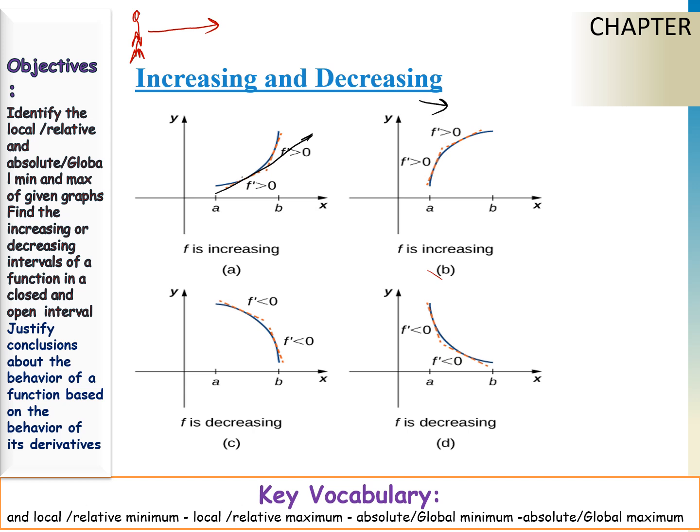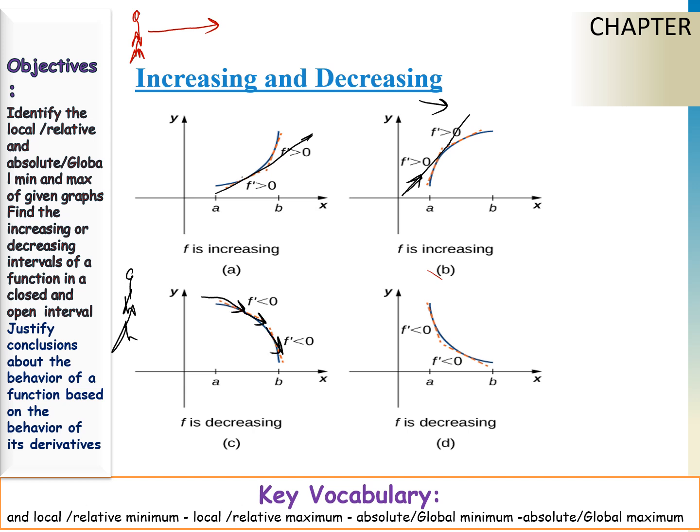Over here again, look at this one. Again if you make a tangent line, what have you seen? The slope is positive. So when the slope is positive, the derivative is greater than 0 and the function is increasing. Again, you are standing over here. What is happening? The graph is decreasing, decreasing, decreasing.